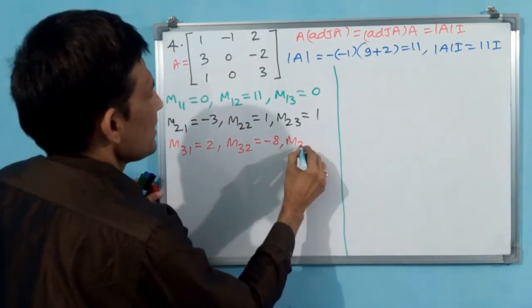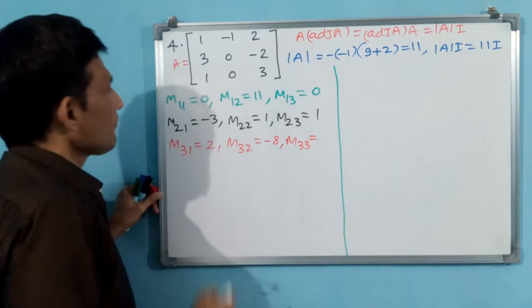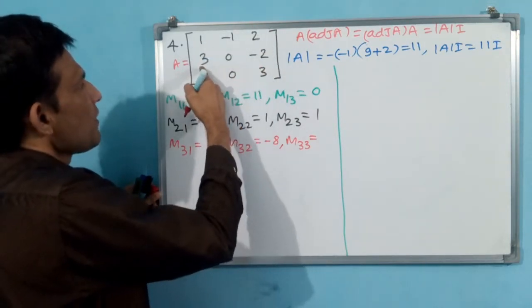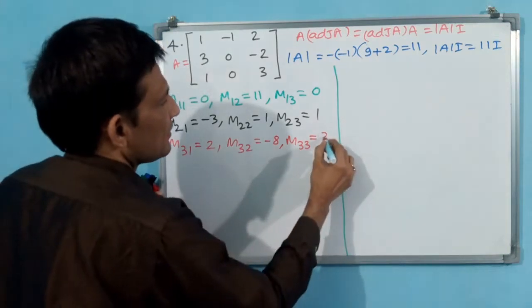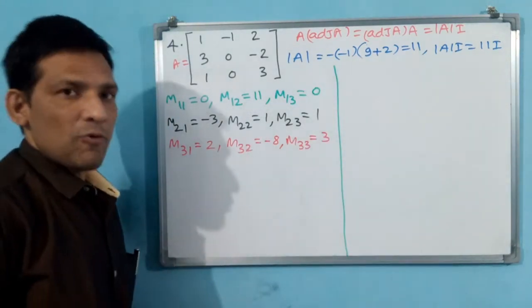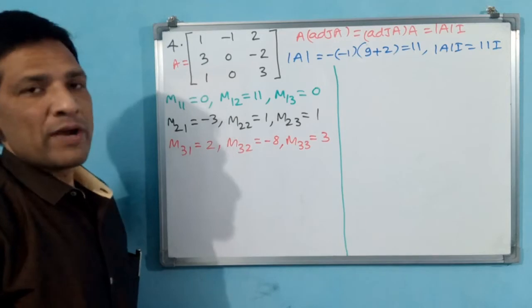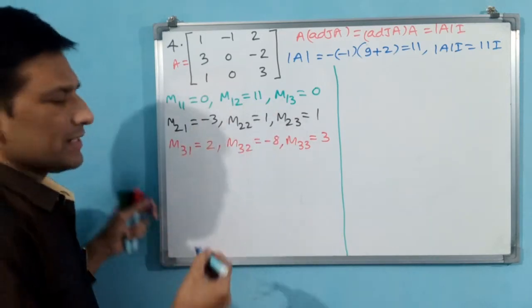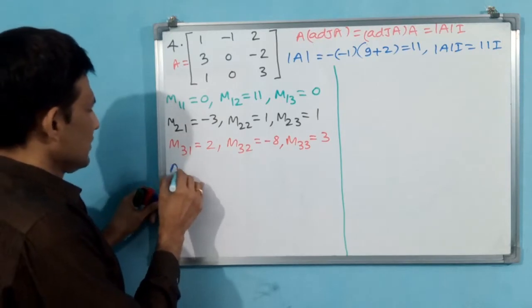Okay. Now take M33. 3 you are closing. If you close 3, automatically 0 minus of minus 3, plus 3. 3. Okay. See, these are cofactors. What we have to find? We have to find, sorry, these are minors. We have to find cofactors. Let us find cofactors.